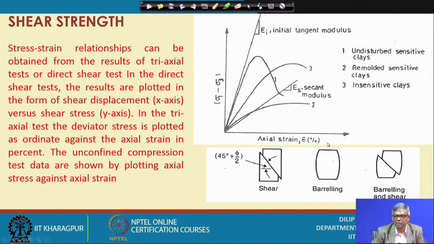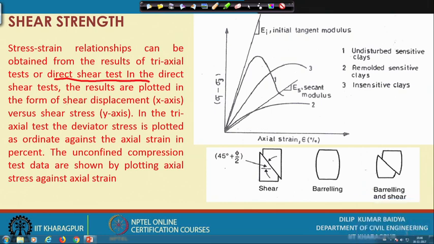Now, the stress strain relationship for different soils. Generally we have different conventions for plotting different test results. A stress strain relationship can be from the results of a triaxial test, direct shear test or compression test, any test we do. In the direct shear test, shear displacement is plotted on the x axis and shear stress on the y axis.